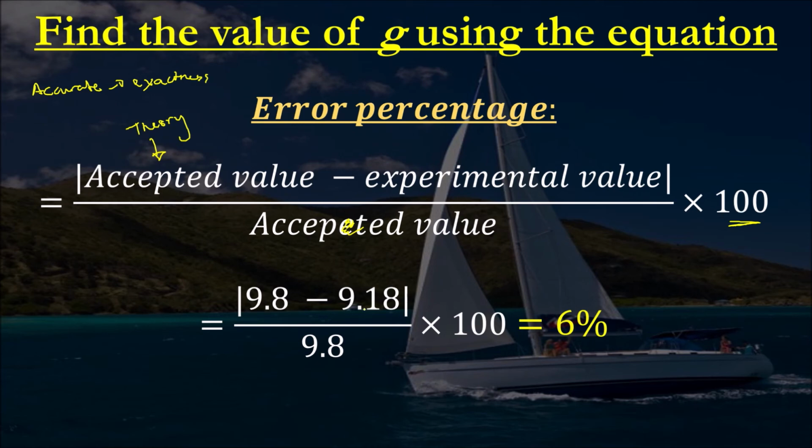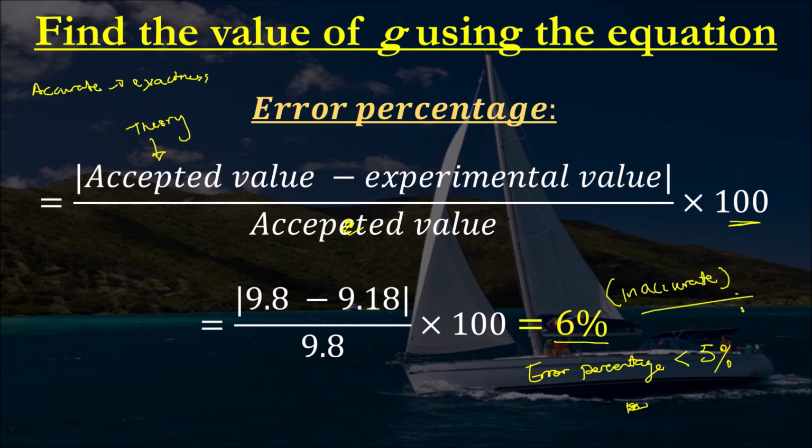Now, this does vary between the type of experiments you do, but generally we say if the error percentage is smaller than 5%, we have a pretty accurate experiment. If it's above that, then in this case, we would say it was inaccurate.